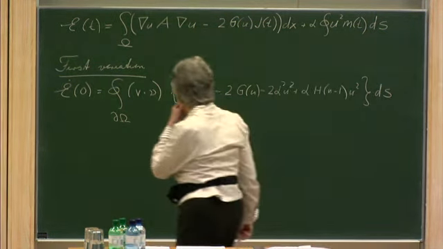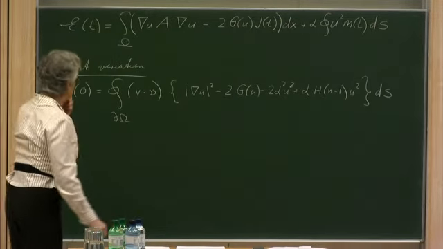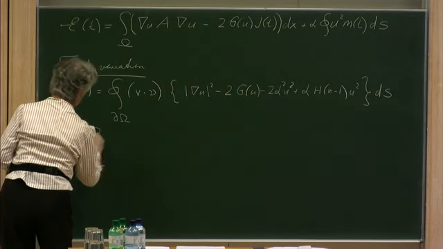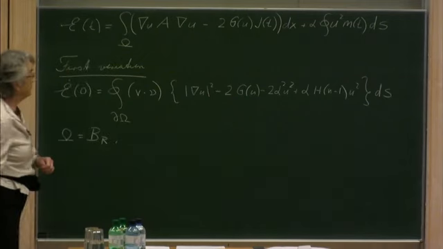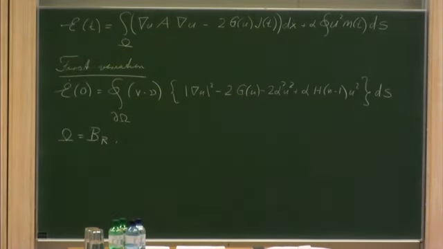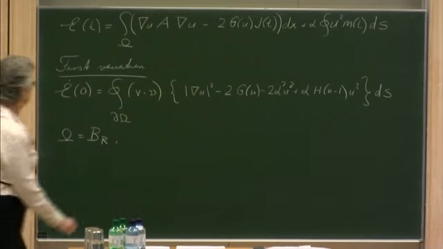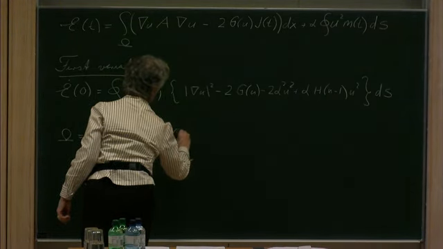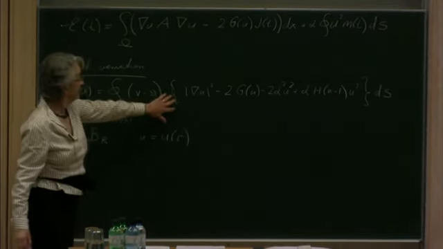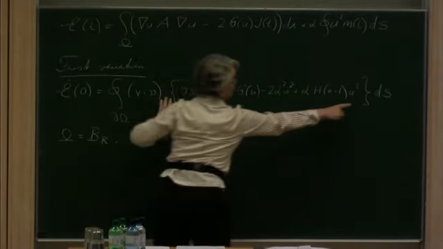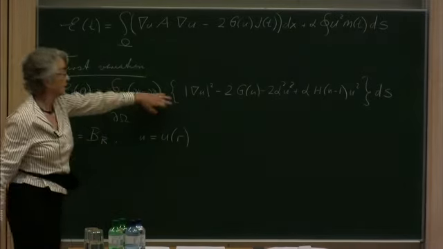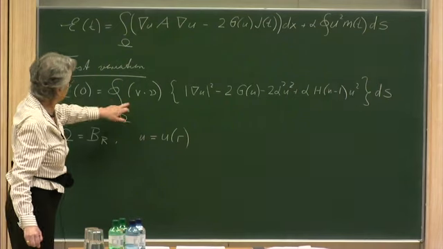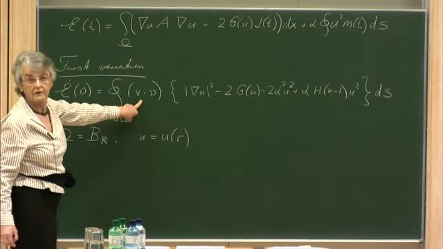And now you see the following. If we look at the ball, and if we assume that u is radial, then this whole parenthesis is a constant. And we have E dot equal to a constant times this integral.